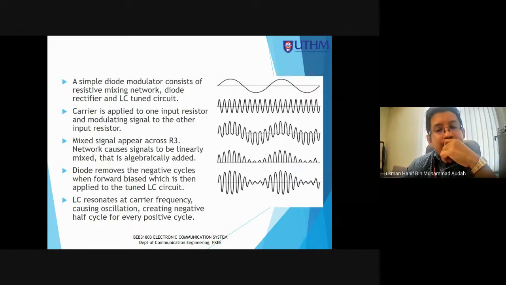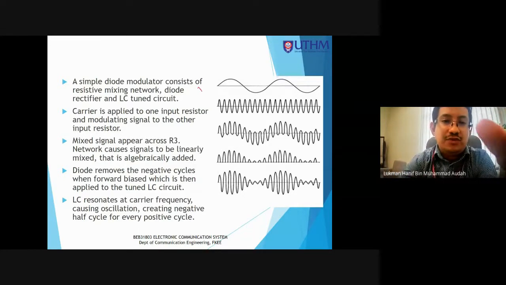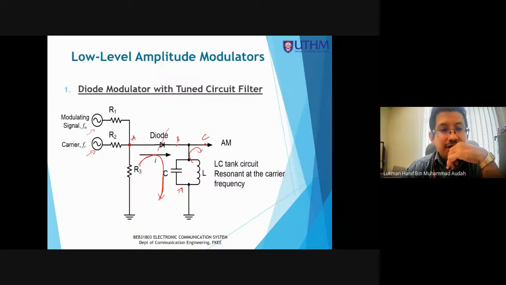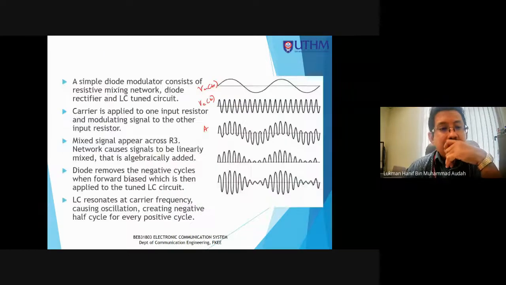Okay. So if you see from this picture, initially we have a VMT, ini VMT, ini VCT. Okay. And at point A, mixed signal appears across R3. Mana R3 ni mixed signal across R3. Okay. To be linearly mixed, there is algebraically added.